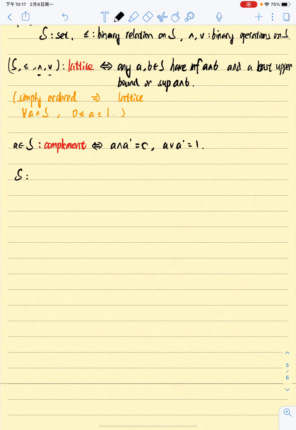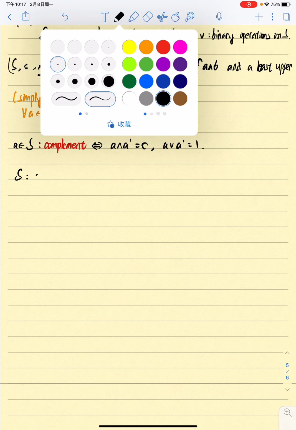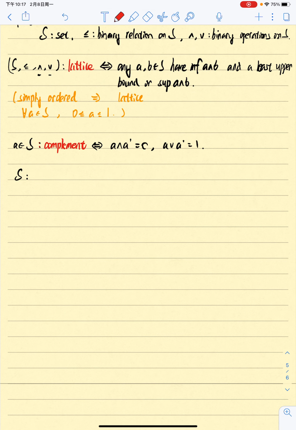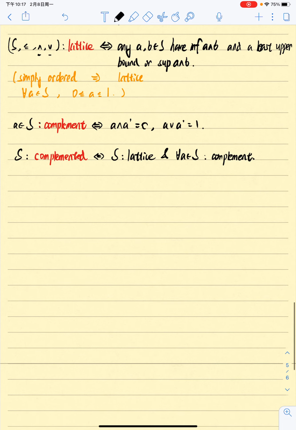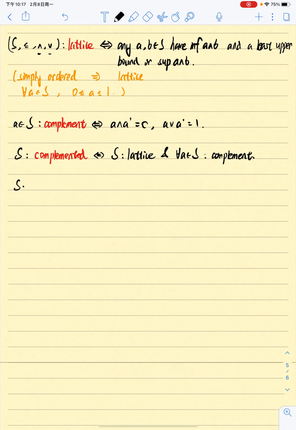And we call S complemented if, first, S is a lattice, and second, for every element in S, there is a complement. And we call S distributive.